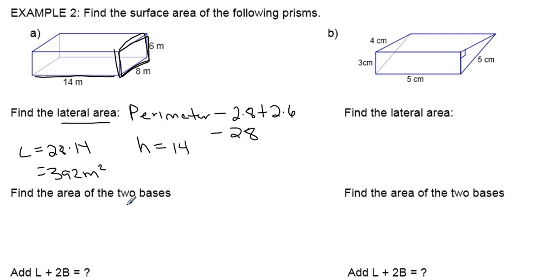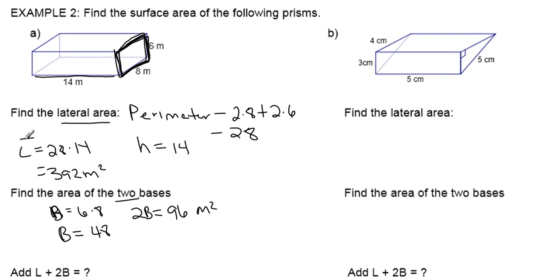Then we need to find the area of the two bases. So we would find the area of the rectangle, which would be 6 times 8. So that base area is 48. Two of those bases would be 48 times 2, which is 96.